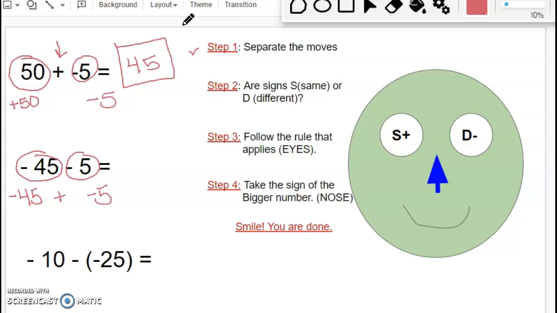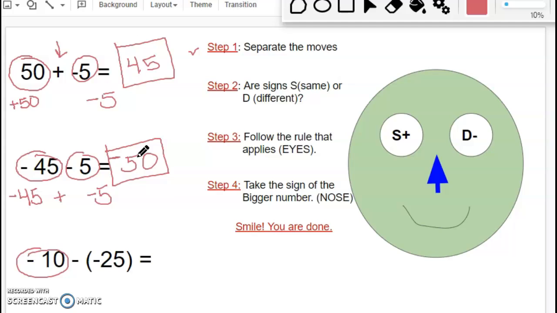Well, they're the same signs, right? So same signs means we're going to add. 45 and 5 is 50. And then I'm going to take the sign of the higher number, step 4. And 45 is greater than 5, so I have a negative 50. And here is my answer.